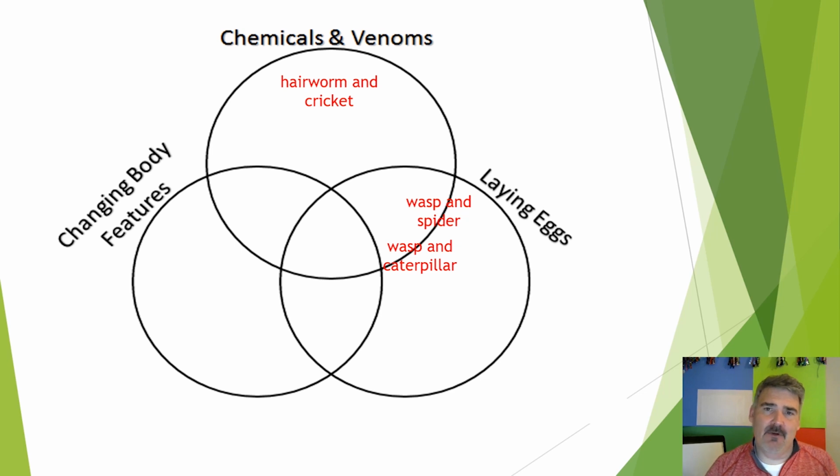I put this example here as I infer that the larvae is using some type of chemical to control the caterpillar and make it protect the cocoon. Did you have it here in your diagram? If not, take a second to change it or to add to any of your notes you might need to.